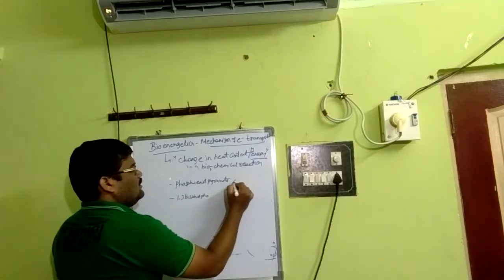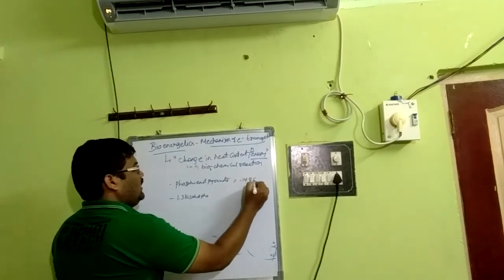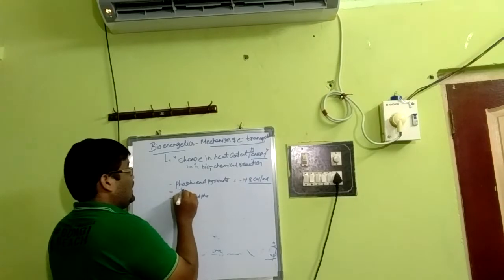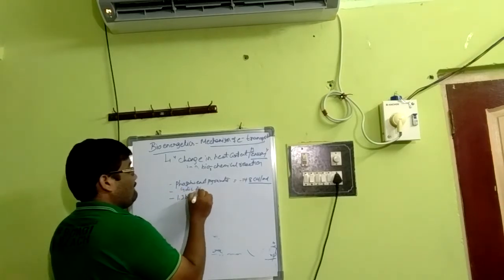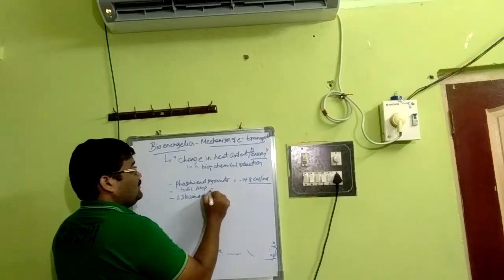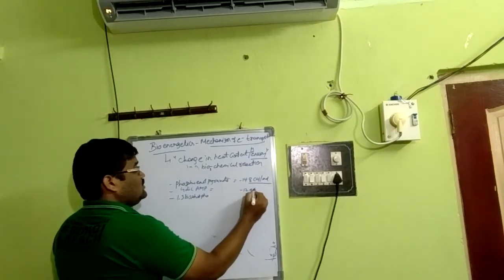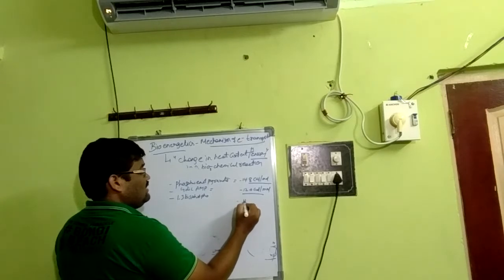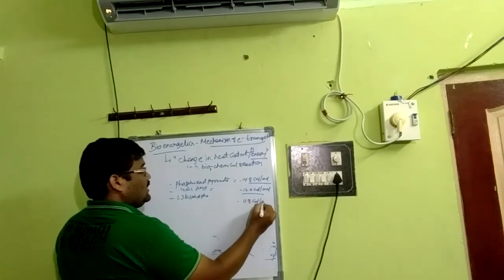Here it is minus 14.8 calorie per mole. Then cyclic AMP we have minus 12.0 calorie per mole, and another is minus 11.8 calorie per mole.